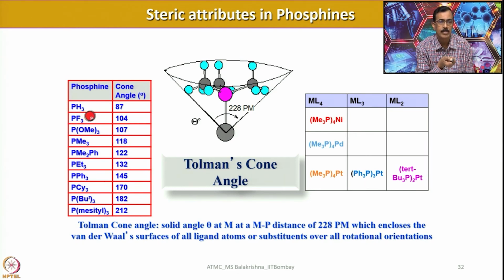As a result, the cone angle increases, and then we have trimethyl phosphite 107, trimethylphosphine 118, dimethylphenylphosphine 122, triethylphosphine 132, triphenylphosphine 145, and if we put cyclohexyl groups it goes to 170, and when you have three tertiary butyl groups it is 182, and if you have three mesityl groups we have a maximum, almost 212 cone angle.